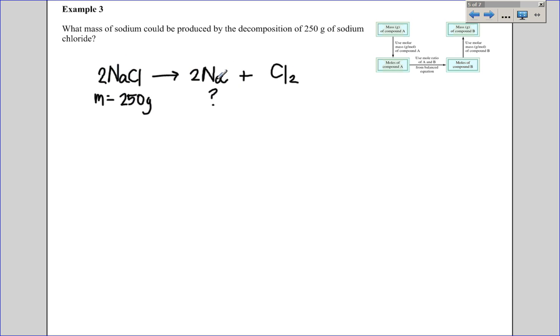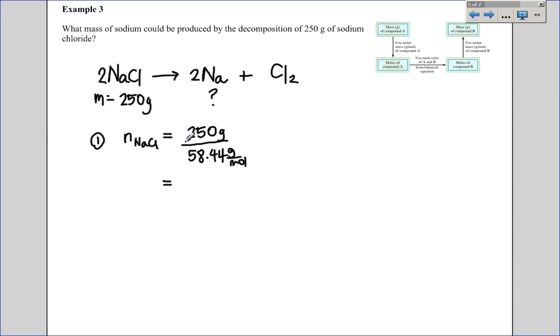So this is our A, and this is our B. Step 1 is to find the moles of the sodium chloride, which we're going to do by taking the mass and we're going to divide by the molar mass, which in this case is 58.44, units of molar mass being grams per mole.